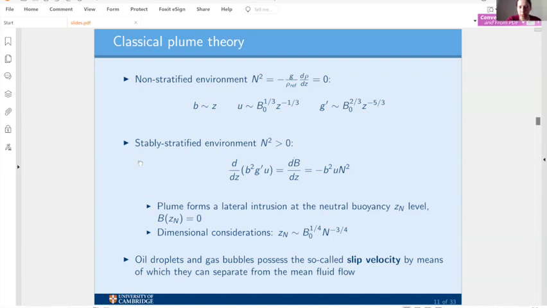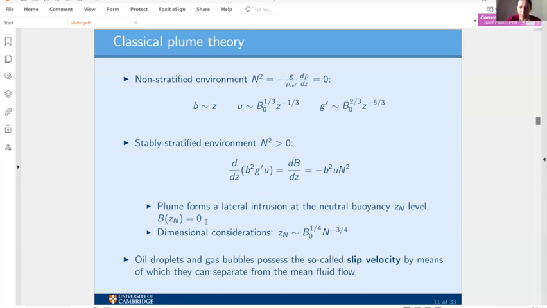Now, if we introduce a stratification into the system, that means if we let our ambient density vary with the height above the nozzle, then we will discover that the buoyancy flux within the plume is going to decrease with the height above the plume source. This means that if we start with a certain source buoyancy flux, then it is going to decrease continuously, and at some point it will reach zero.